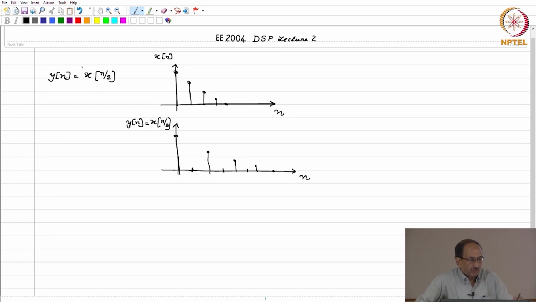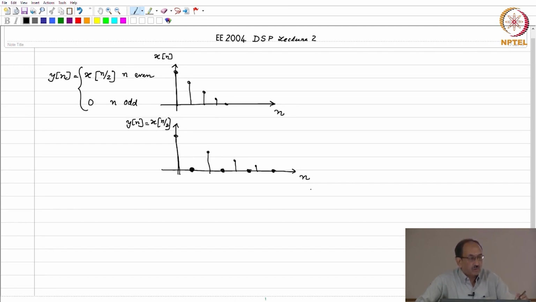You can supplement this definition with it being 0 for n odd, and this is for n even, in which case you can go ahead and make these 0 values.